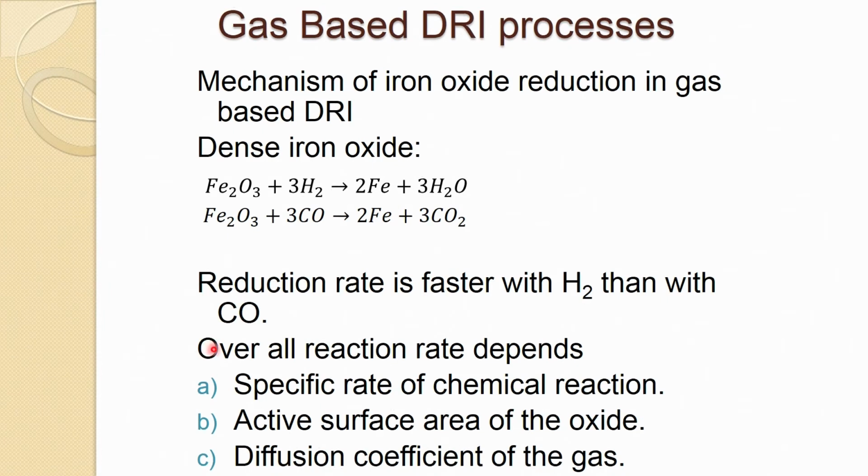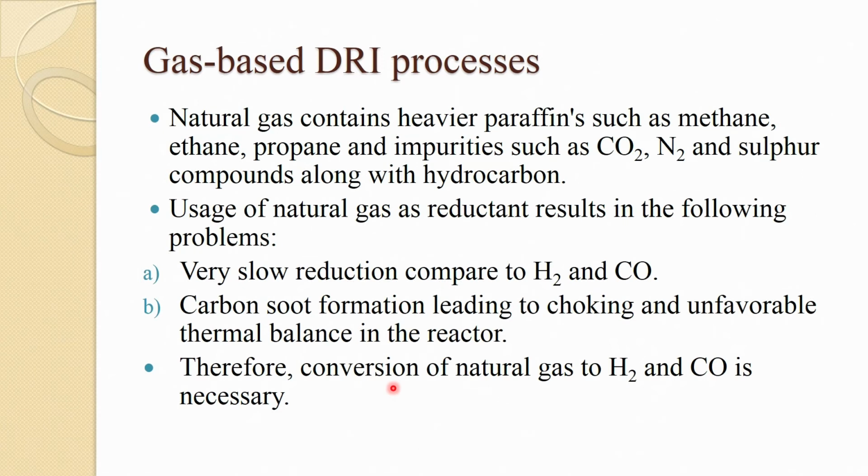Even in the Fe-H and Fe-CO systems we discussed during the blast furnace, we have shown that hydrogen has much more reducing power than CO. So, the overall reaction rate in gas will depend on the specific rate of chemical reaction, the active surface area of the oxide, and the diffusion coefficient of the gas, which for hydrogen is faster than carbon monoxide.